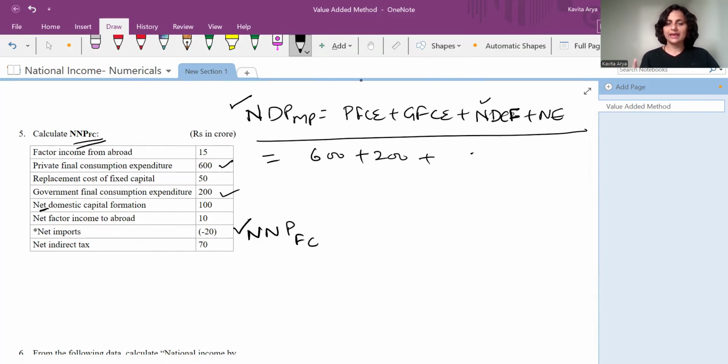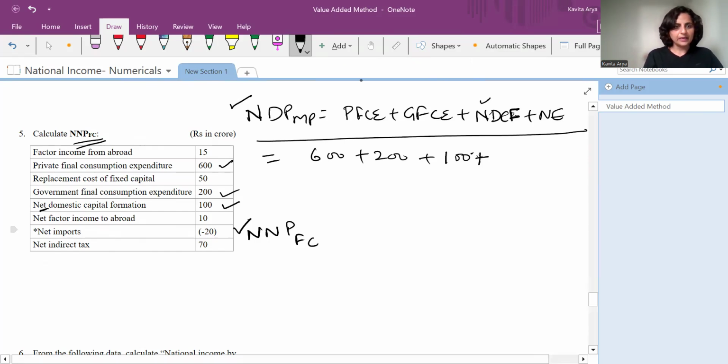So we have just eliminated that one step. So NDCF is given. I'm not adding depreciation because in the next step we would be subtracting. So I'm just getting away with that step. Now net exports, and we are given net imports. So the opposite sign.